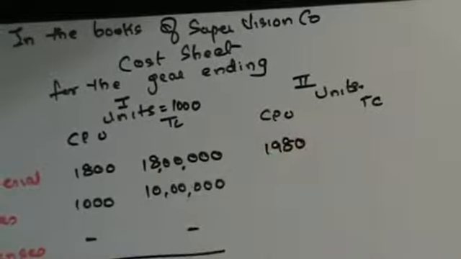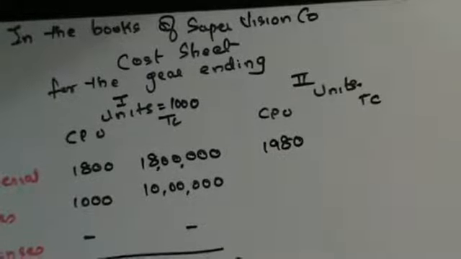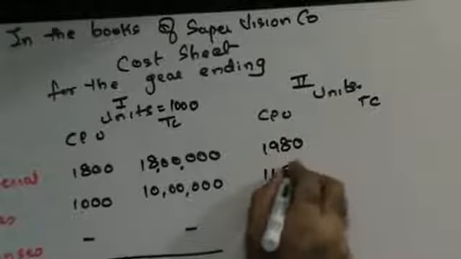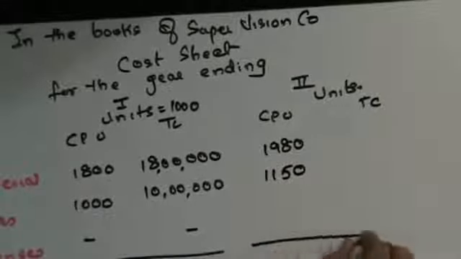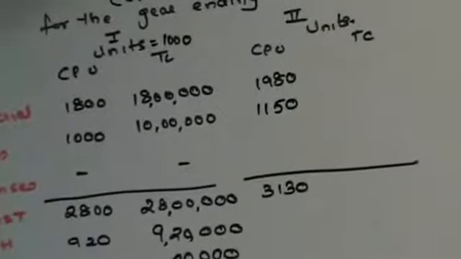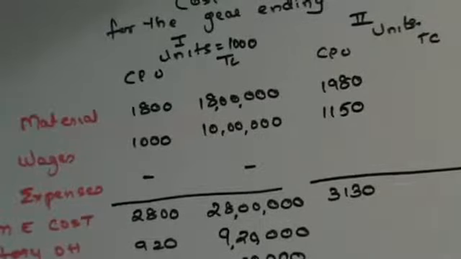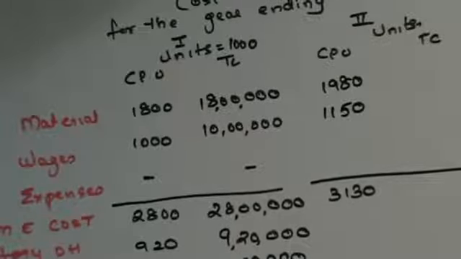Similarly, wages: 1000 plus 15%, 1150. Next, they said that factory overheads are to be recovered as a percentage of direct wages last year.